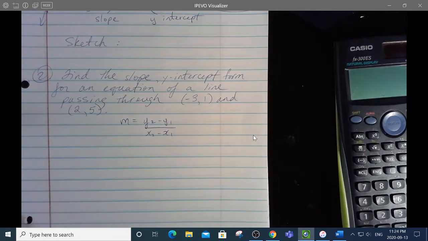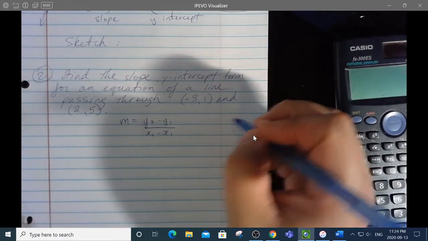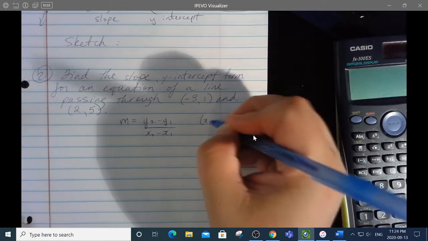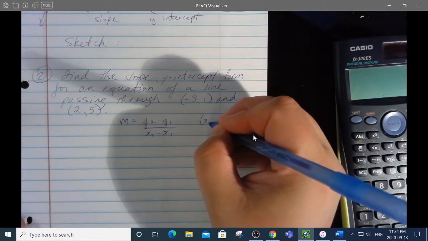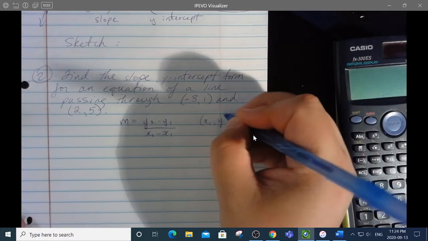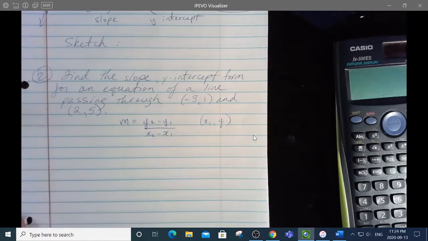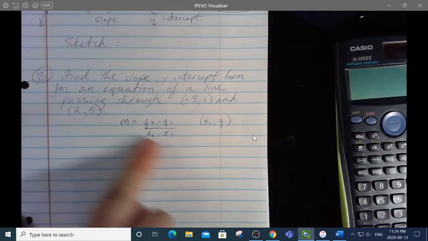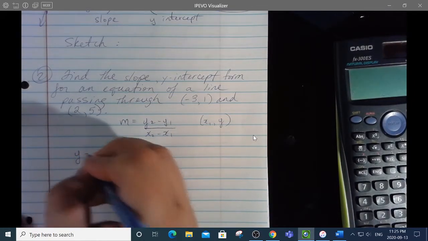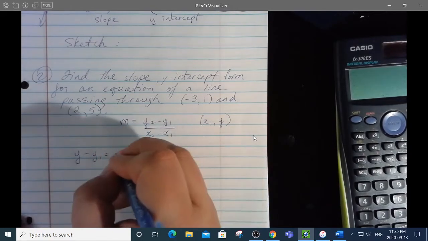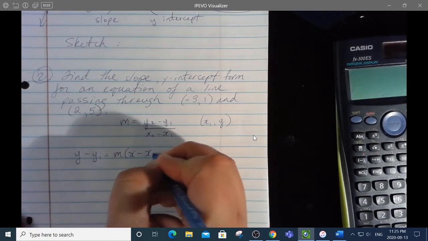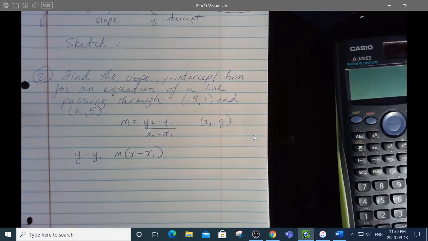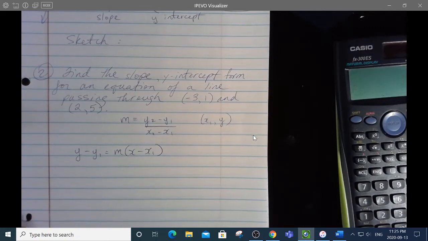If you know one point (x, y) and you know the slope, you can cross multiply this formula and get y minus y1 is equal to m times x minus x1. Remember that? That's called the point slope form of a straight line.